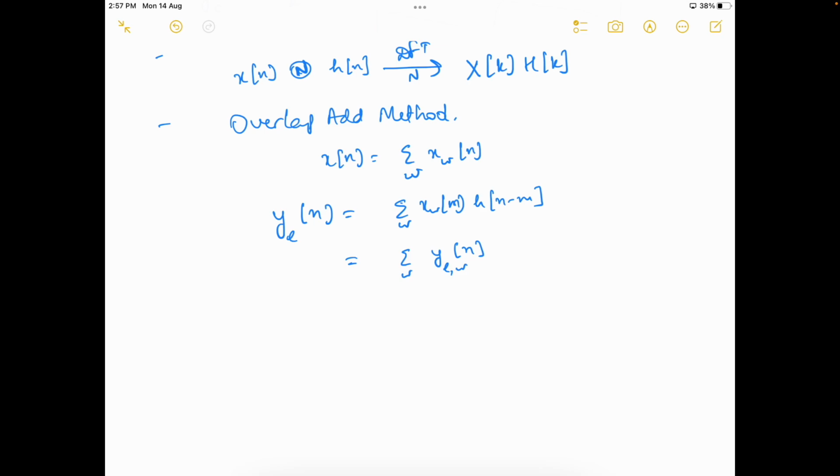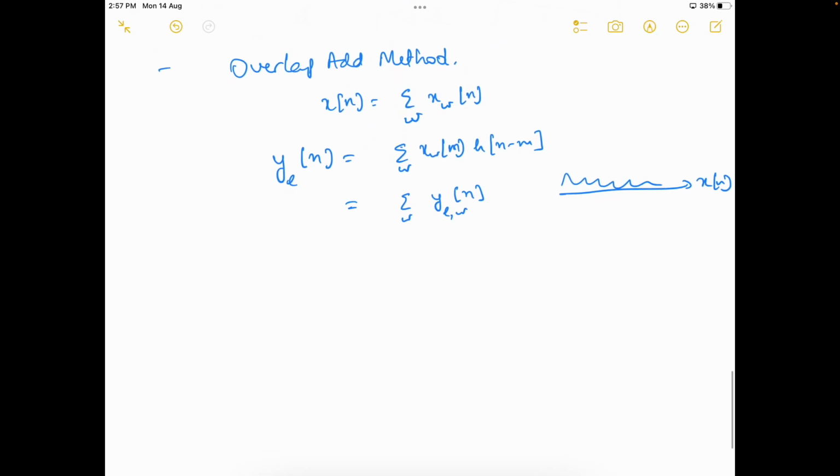So let me draw it pictorially. Let's say my X was something. My H was something small. Now I take my small windows of length W. And for each window, I compute my y.